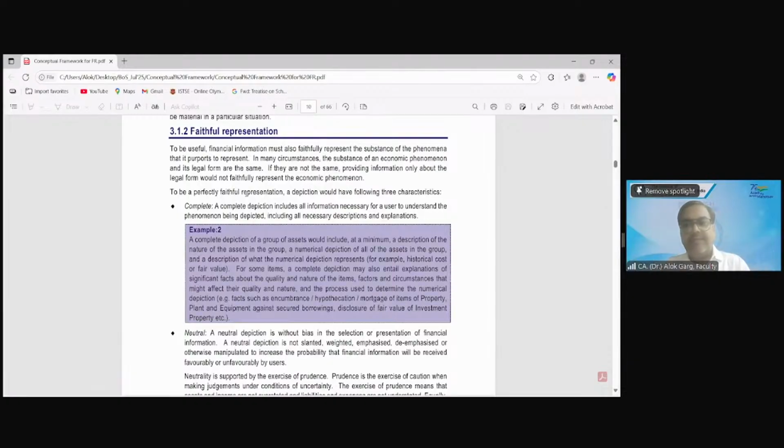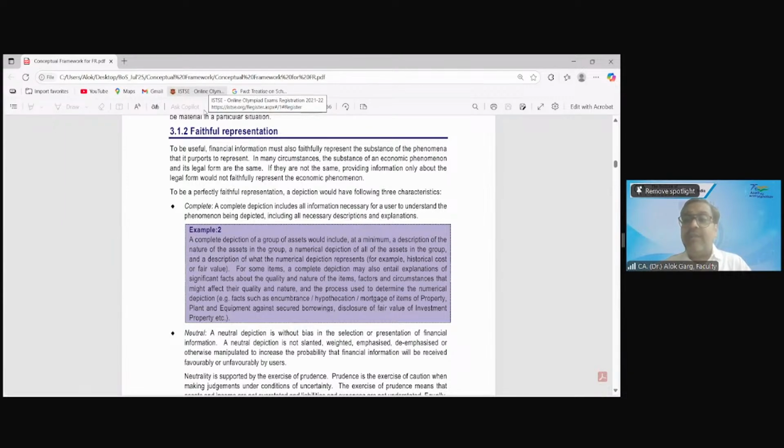Okay, is that clear? For example, if the company has pledged the entire factory, the entire property, plant and equipment, and taken a loan, right?